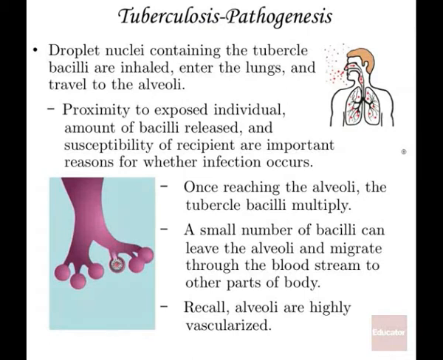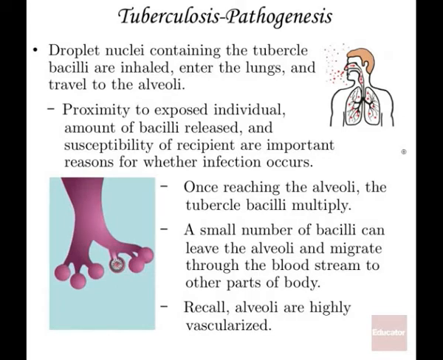So what is the pathogenesis of tuberculosis, and why is it such a disease of concern even in today's modern world? Well, in terms of infectivity or infection, it's an airborne bacteria, and it's spread by airborne droplets.